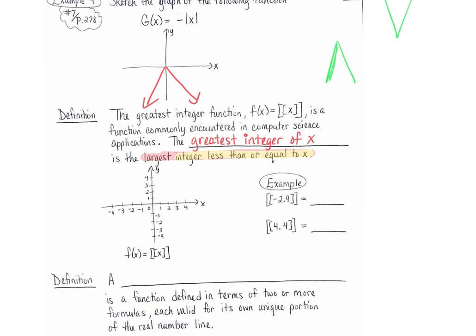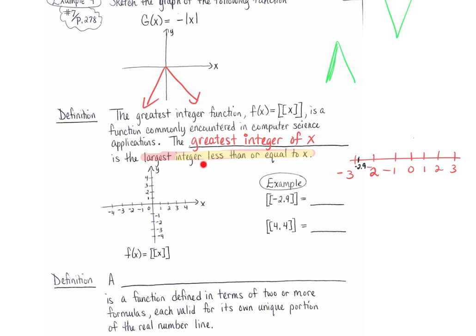Now, let's look at an example. If you have your number line, you have 0, 1, 2, and 3, and -1, -2, and -3. If we have -2.9, that's somewhere out here.